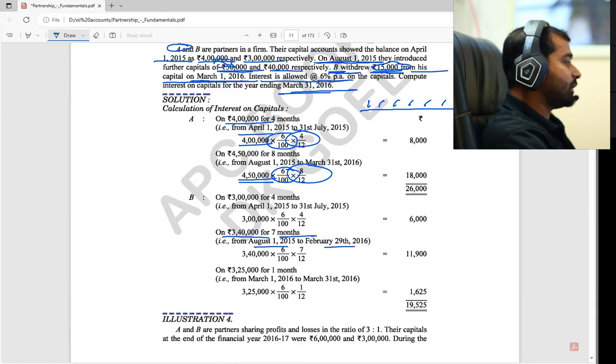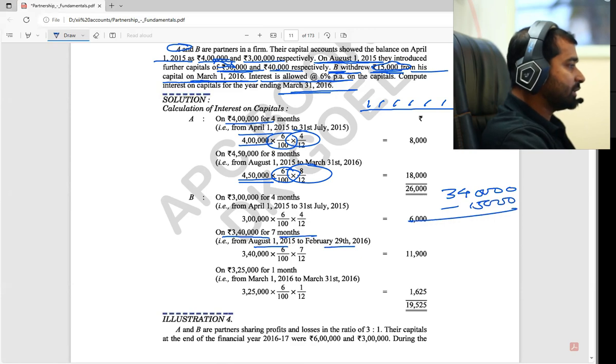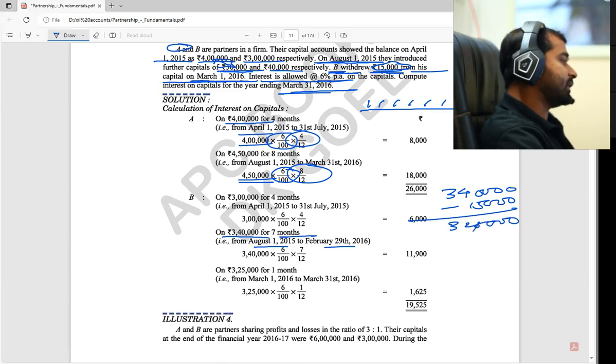So that means 3 lakh 40,000 was there, 15,000 withdrawn, so the capital left is 3 lakh 25,000, for only 1 month, March 1 to 31st March.